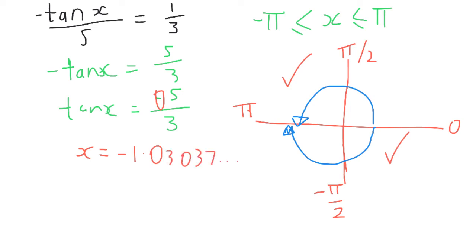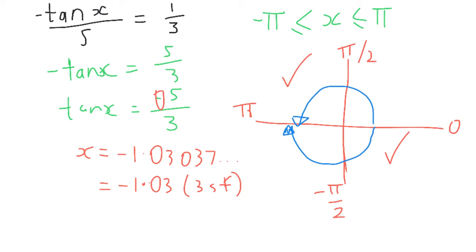I'm going to say that's negative 1.03 to 3 significant figures. So, as I said, it's about the only time we do end up approximating our trig values for these type of equations, because we normally deal with exact values. So we've actually got our solution here in the fourth quadrant, moving in the negative direction.